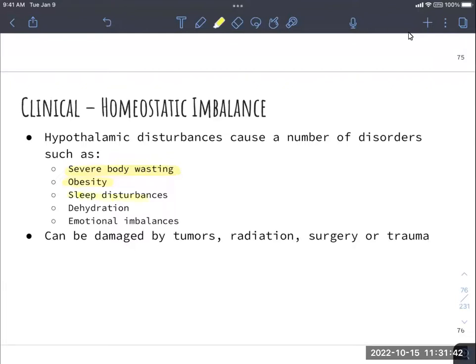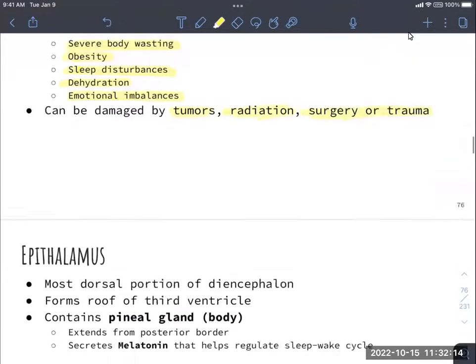You're not going to be able to sleep well. You're going to be dehydrated because that's what tells you to drink water. You're not going to be able to control your emotions. Cry when you should be laughing. Laughing when you should be crying. They said tumors, radiation, surgery, even trauma can affect that hypothalamus.